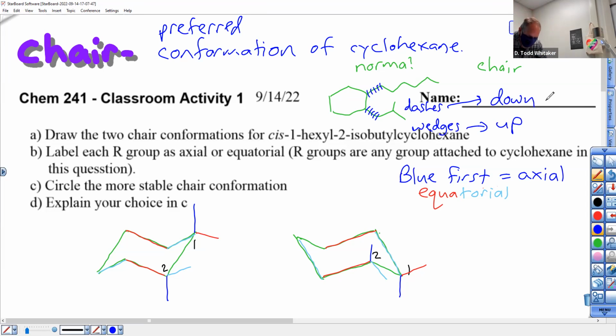Translate this. This is a down bond. Why? Because it's a dash. Which of these two is down on carbon 1? Please don't have a hard time with that. Which of these two is the one that's down? The red. That's got the hexyl group on it. 1, 2, 3, 4, 5, 6.